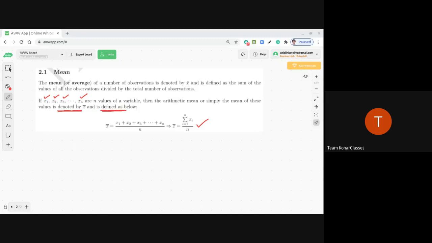Okay, let's understand this thing. The median of a number of observations is the value which divides the number of observations into exactly two parts. And to achieve that, we need to follow a few steps, and I'm going to discuss those steps.